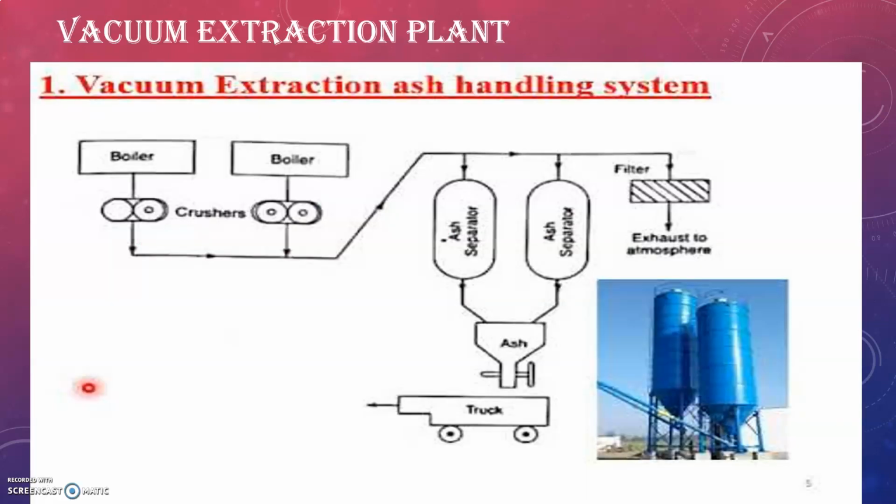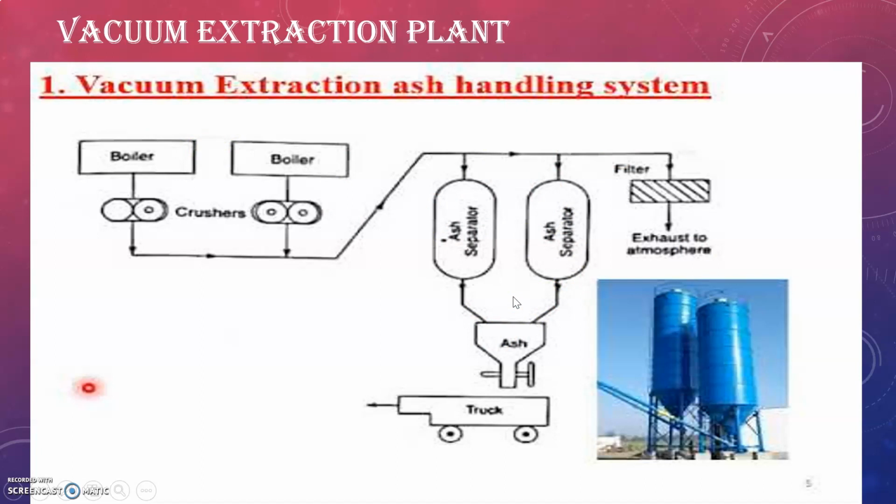First one is the vacuum extraction or ash handling system. This type is used in both stoker and pulverized fuel installations, and this system is more suitable for the boiler plants from which ash is transported over some considerable distance. Right? So when we talk about the working, it consists of boilers, crushers, ash separators. Right?